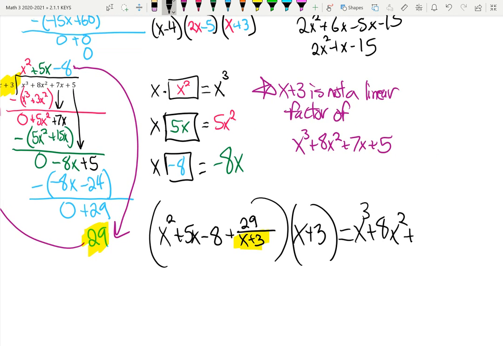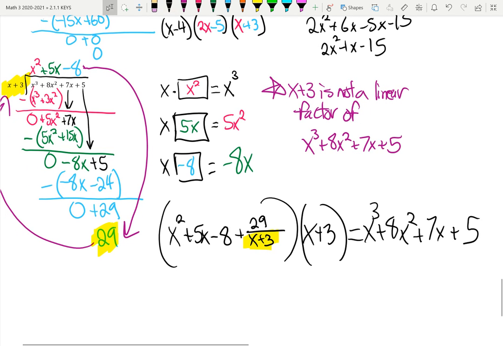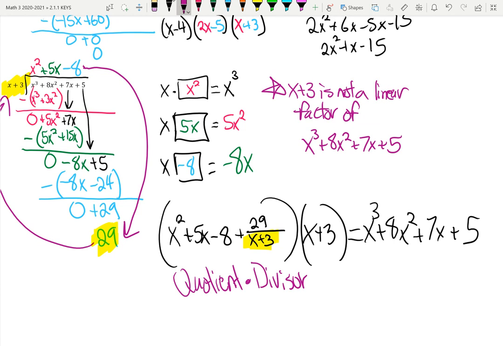If you multiply your answer and the divisor, you should get the dividend. Again, your quotient times the divisor should equal the dividend, what you divided. I hope this helped.